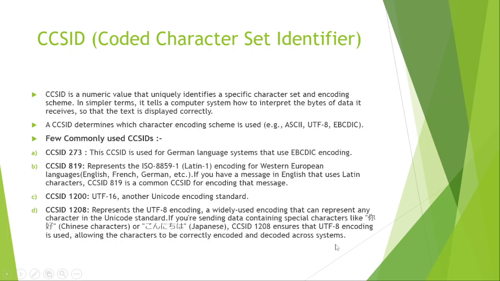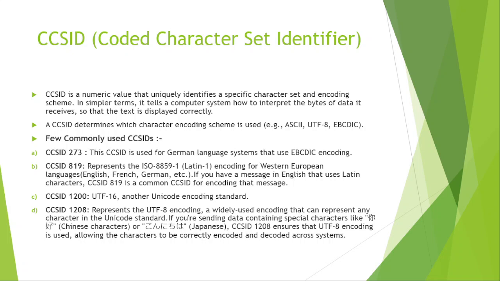So with the help of 1208, you can make sure that the business can send any character, and I am going to do the encoding, correctly interpret it, and it is not going to modify the data, and the data will not be hampered. Okay, so this is all about the CCSID.